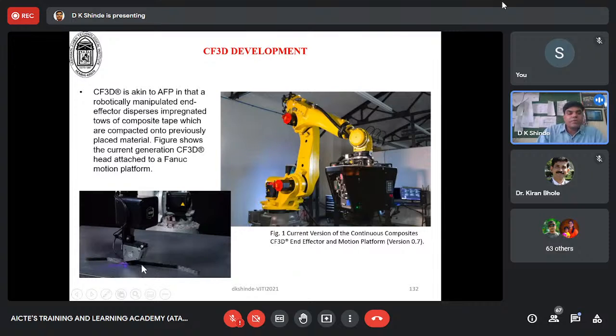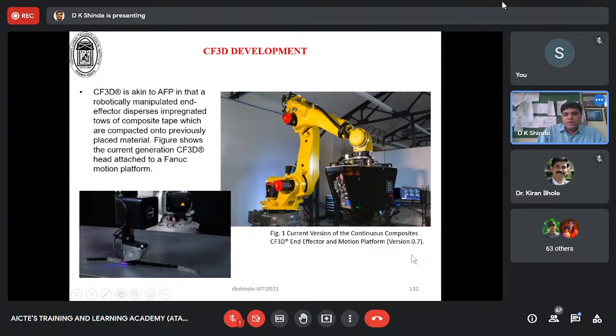Once you deposit, this blue line you see over here continuously cures. You stick here, start curing, stick here and start curing, and this complete height is built by these motions of your extruder.